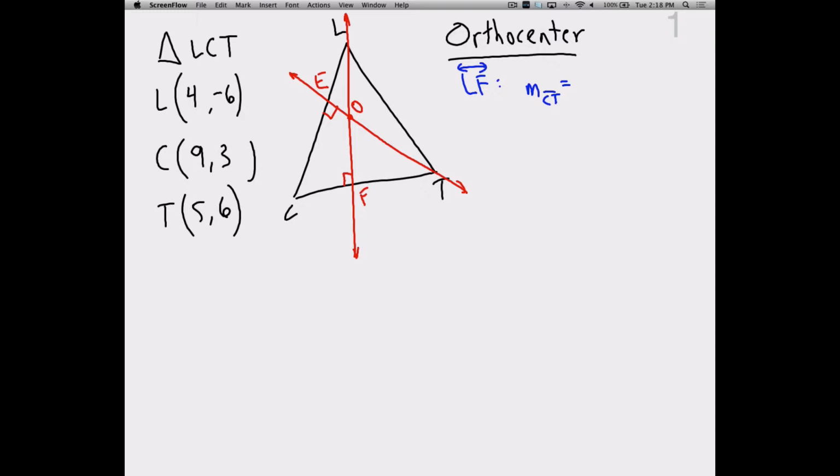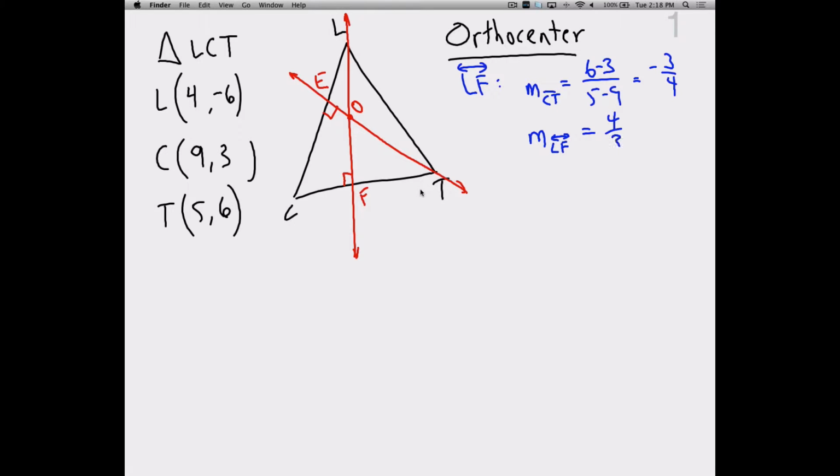Do we agree or disagree? Agree. How'd you get that, Drew? I did y2 minus y1, and then x2 minus x1. Be specific. Like 6 minus 3 and 5 minus 9. Okay. So Amanda, if we know the slope of CT is negative 3/4, what's the slope of LF?